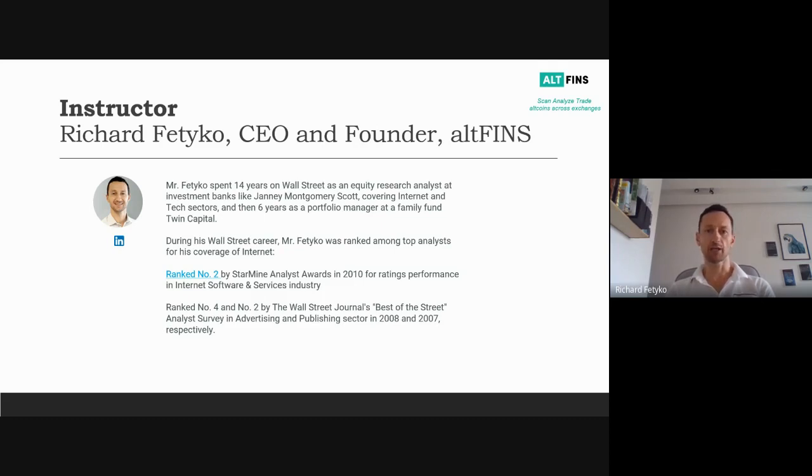And really, altFINS is a tool and a platform for active traders and investors to really give them the right information and the right content and signals that they need at the right time to make their decisions wisely, as opposed to trading on some sentiment or tweets. This platform will give you the right structure for whatever trading strategy that you choose fits your style.